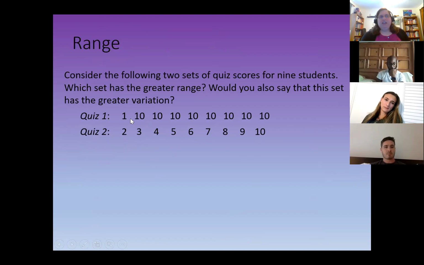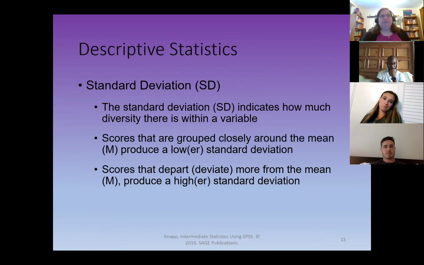So this technically has the larger range, 9. But this one, I would argue, has more variability, because in this one almost everyone got a 10. This one's much more spread out. So there's something more than just range that we're getting to here.